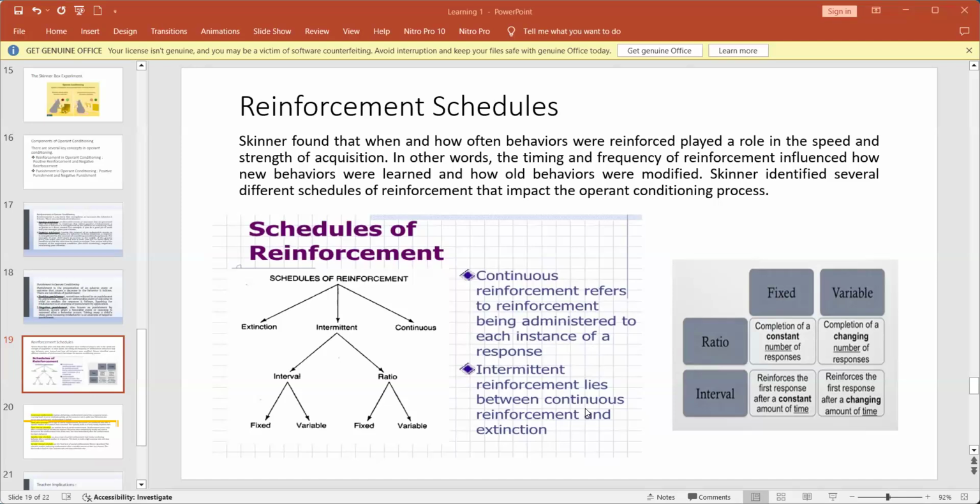So continuous reinforcement, each and every time that the good behavior occurs, you are going to reinforce it.